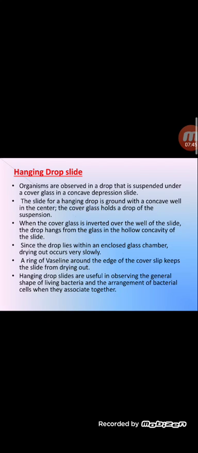Next, the second method is the hanging drop method or hanging drop slide. The organism is observed in a drop that is suspended under a cover glass in a concave depression slide. It is like this.